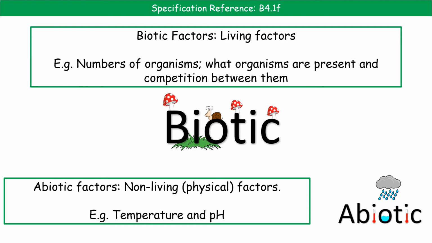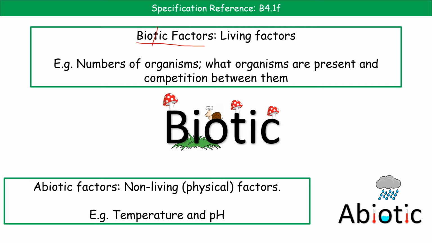We now need to understand a couple of different factors that can come into play as far as organisms in habitats go. The first one is the term biotic factor. Now, biotic, if we break it down, bio means living, so these are the living factors. Good examples here, the number of organisms we find, what organisms we find, competition between organisms.